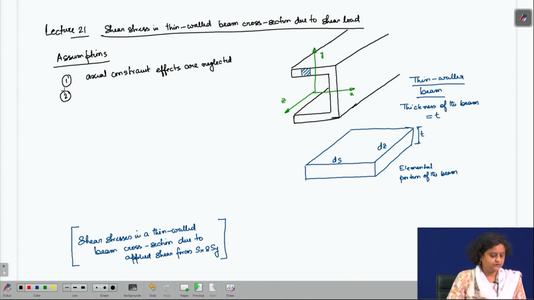The second assumption is that the shear stresses which are normal to the beam surfaces are neglected.